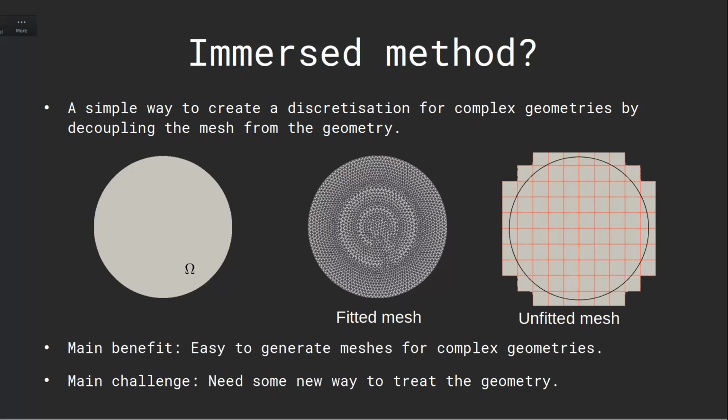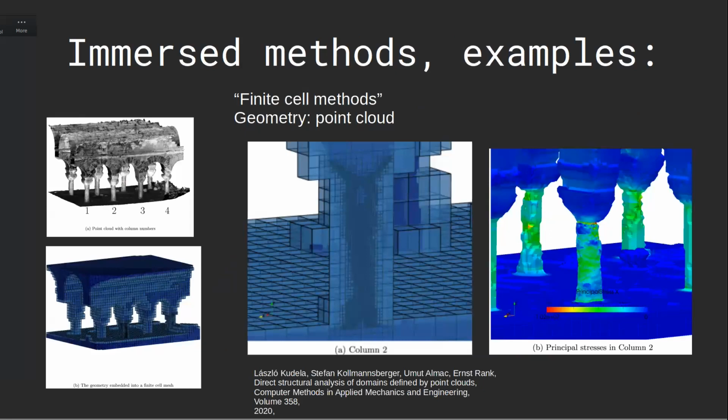The way we do it in immersed methods is that for the elements that are both inside and outside the domain, we have to create specialized quadrature rules that respect the boundaries. The elements inside the domain we can treat as normal finite elements, but these trimmed elements need specialized quadrature rules. Okay, so that's the basic idea of immersed methods.